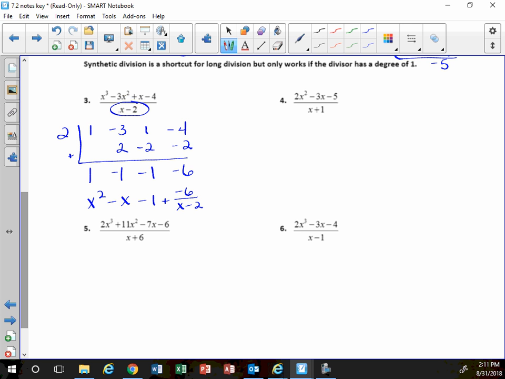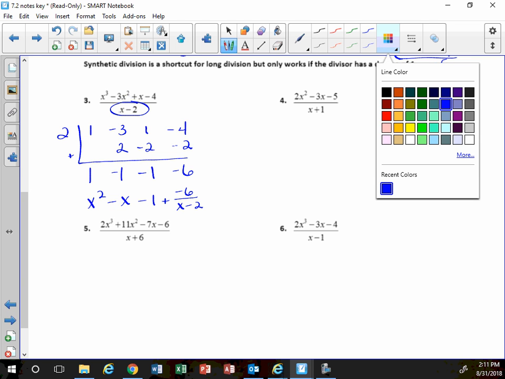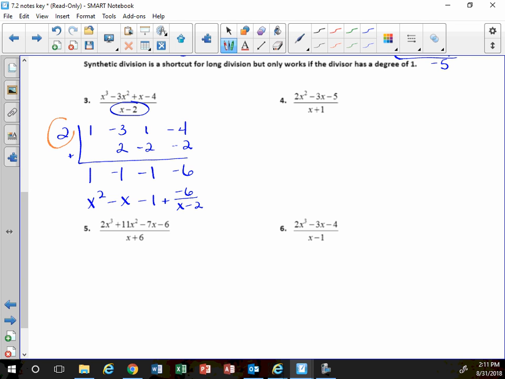All right. Let me show you a quick way to check to see if you've done your synthetic division correctly, or really any of your division. This number out here that I was dividing by, the 2. If I take that and plug that in everywhere there's an x up here, let's see what we get. 2 cubed minus 3 times 2 squared plus 2 minus 4.